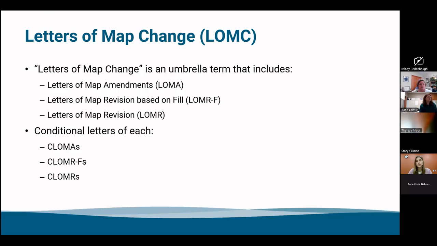There are also conditional letters of each of these, and we'll talk a little more about that. These conditional letters allow FEMA a chance to comment on the development prior to the start of construction. It's available for each of the different letters of map change, although conditional letters of map amendment are pretty rare, but it's still an option for people to pursue. But we will talk more about that.